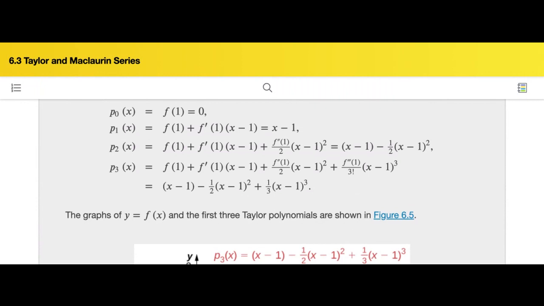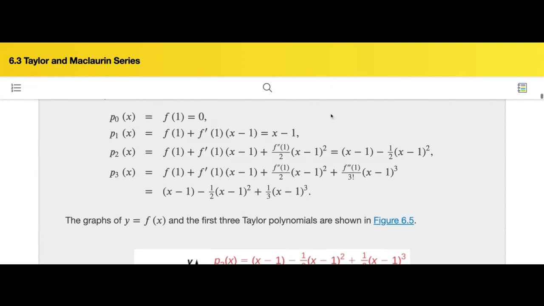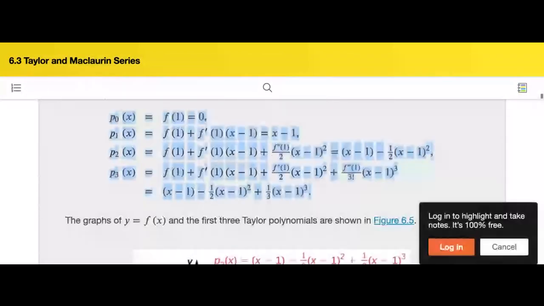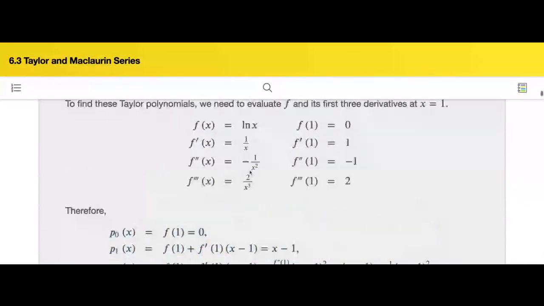What was the purpose of evaluating the derivative if those values were not used? Damon, it is used. Let's go back.